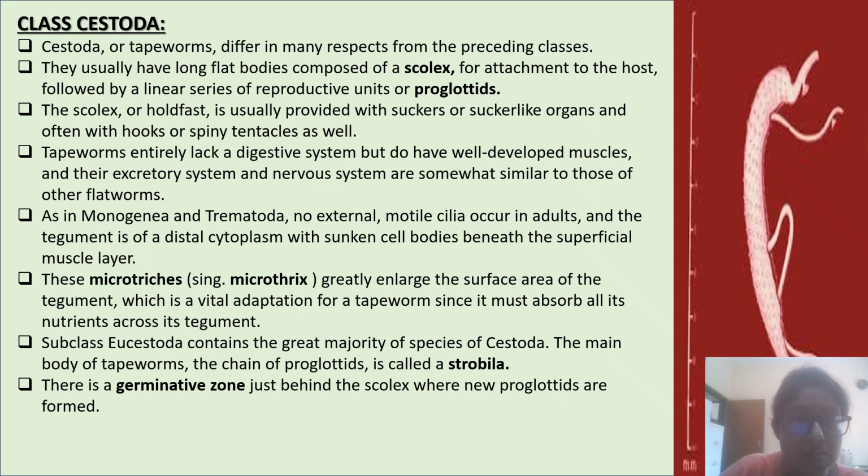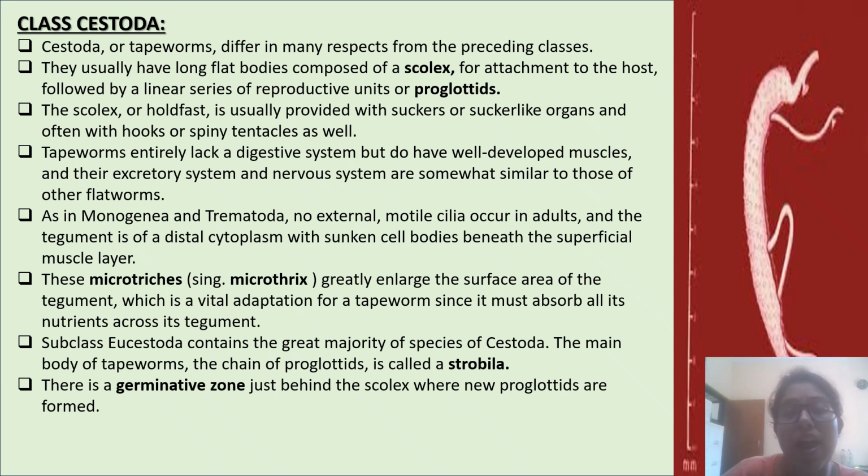The scolex or holdfast is usually provided with suckers or sucker-like organs, and often with hooks or spiny tentacles as well. Tapeworms entirely lack a digestive system but do have well-developed muscle, and their excretory system and nervous system are often similar to those of the other flatworms.